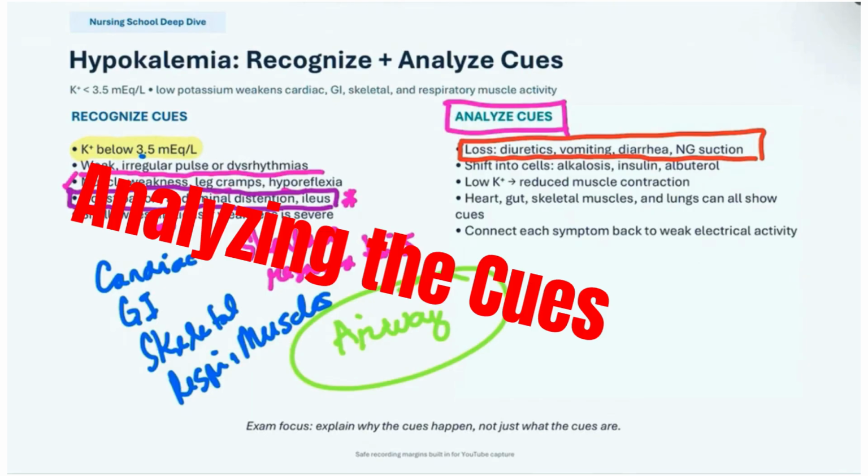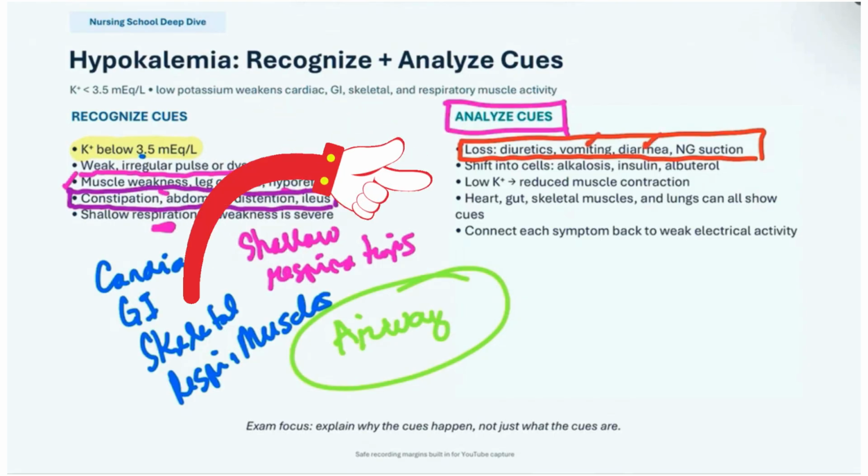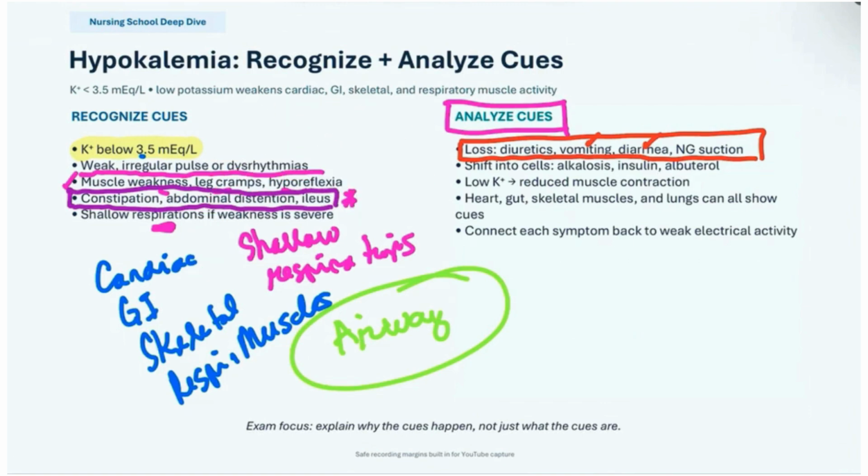Diuretics can increase renal potassium loss. Potassium can also be lost through vomiting, diarrhea, or prolonged nasogastric suctioning. So again, continuous nasogastric suctioning can produce hypokalemia.